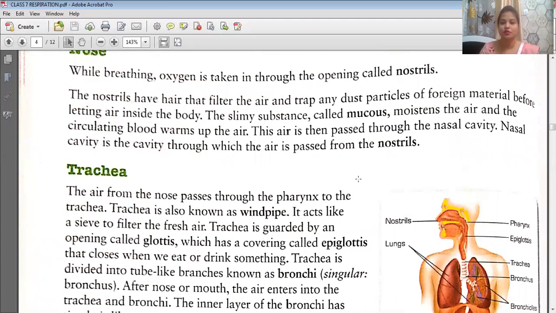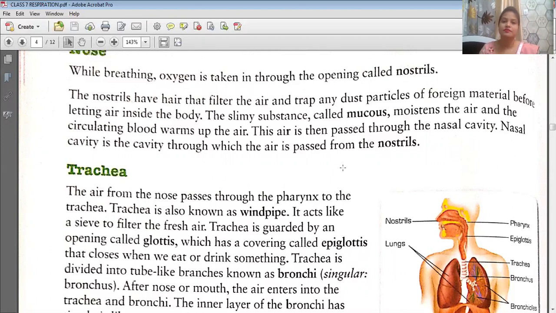These two openings are known as nostrils, and in the nostrils there are fine thin hairs. What is the importance of these hairs? These hairs trap the dust particles or any foreign materials, and prevent them from entering our body along with the air.